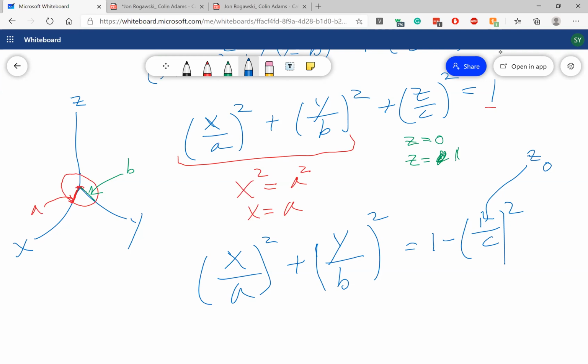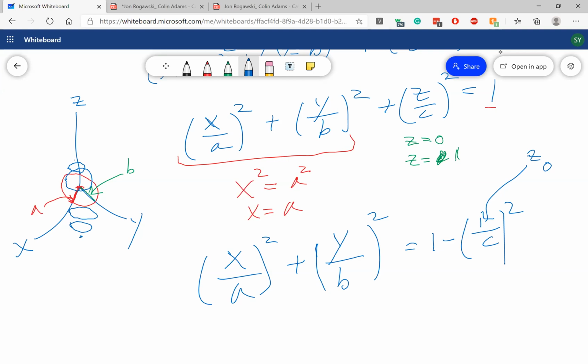So as you go along the z direction, you're going to basically get smaller and smaller ellipses. So you can imagine an ellipse like that, and then you can imagine a smaller one, and then a point. And the same thing happens in the other direction, and a point.